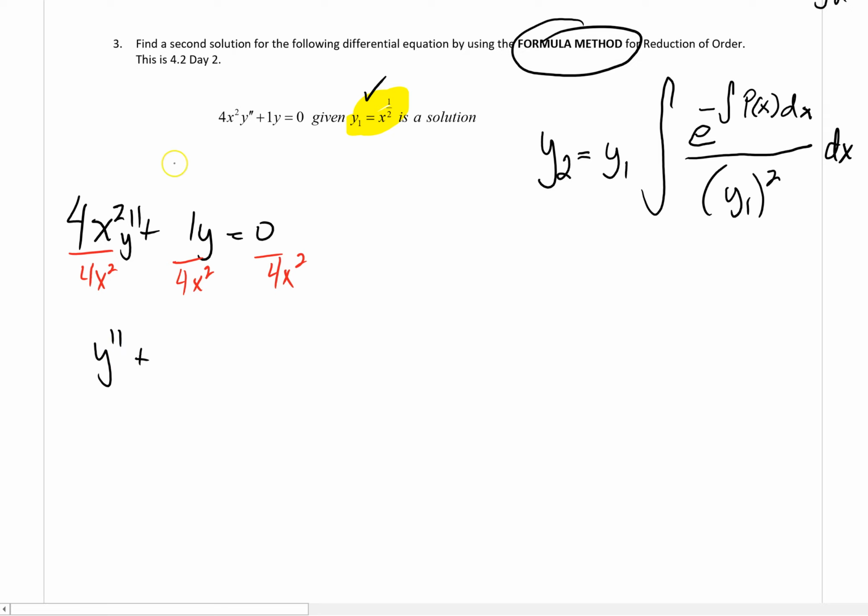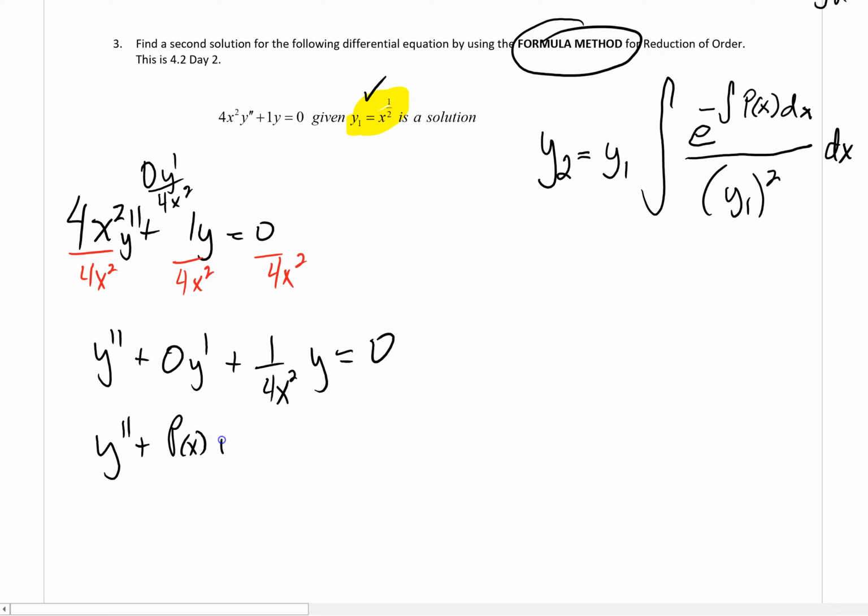By the way, I hope you noticed that there was a 0y prime there. And you could say it's a 0y prime. You might be thinking, why in the world are you dealing with that? Well, here is why, guys. What you're going to see is, in general, your p of x is the function multiplied to y prime.